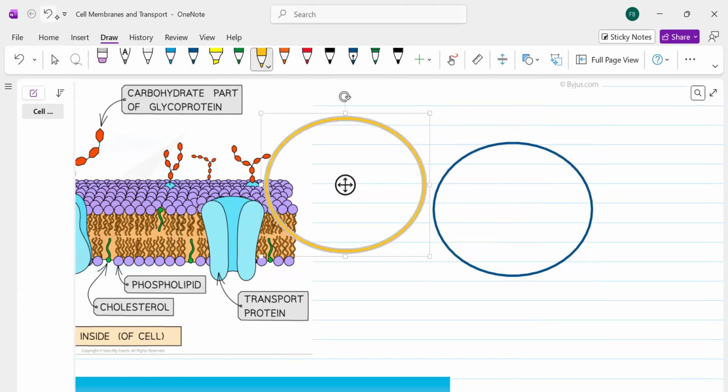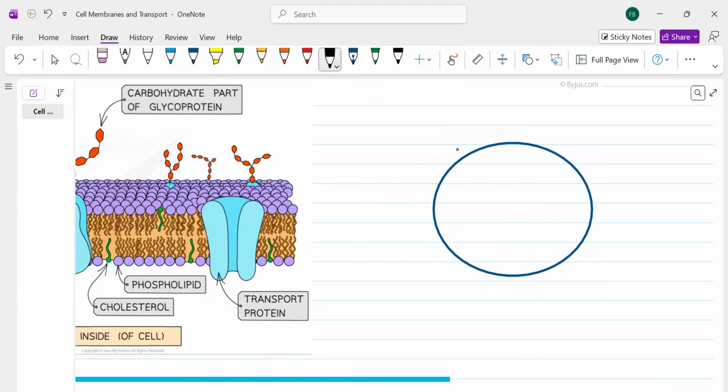Like for example, this is a protein, this is a protein. This can be a carbohydrate, this can be a cholesterol molecule. Different things are present in the phospholipid.